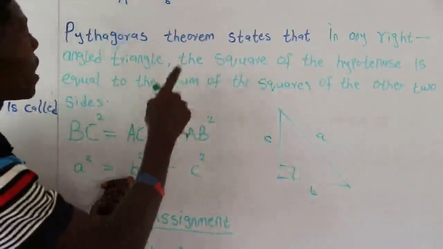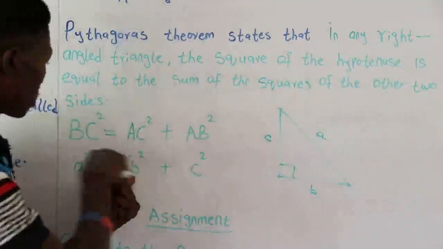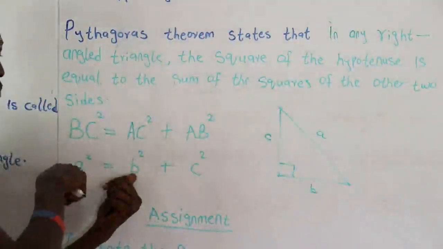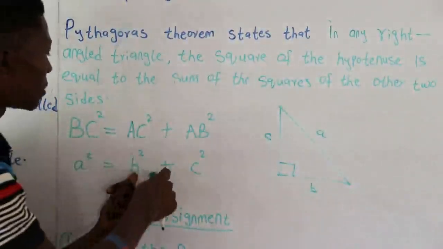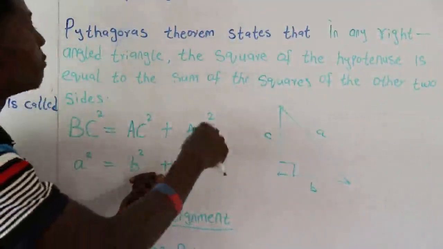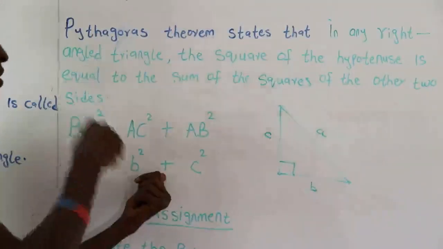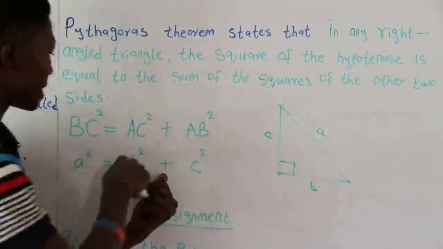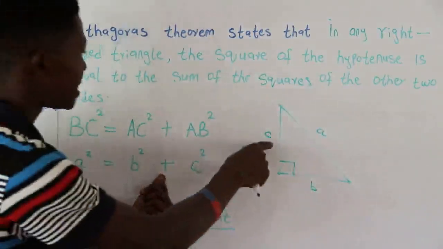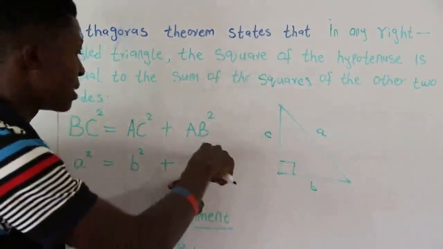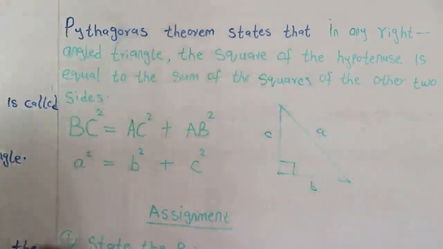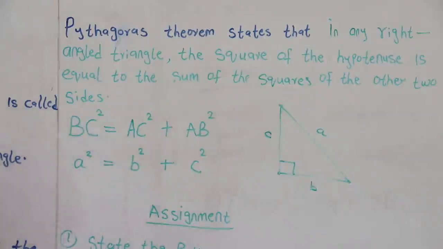B is one of the sides, you put your square, and then C is the other side, you put your square. And from here, this is how you get the Pythagoras formula.